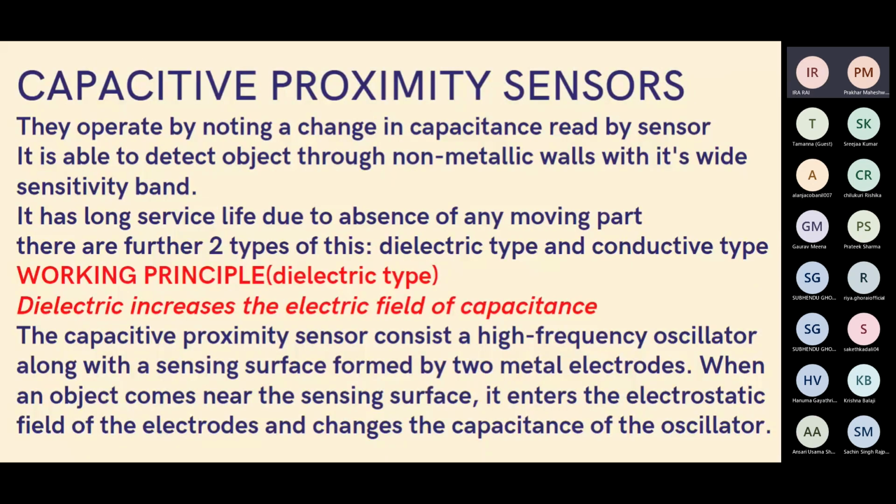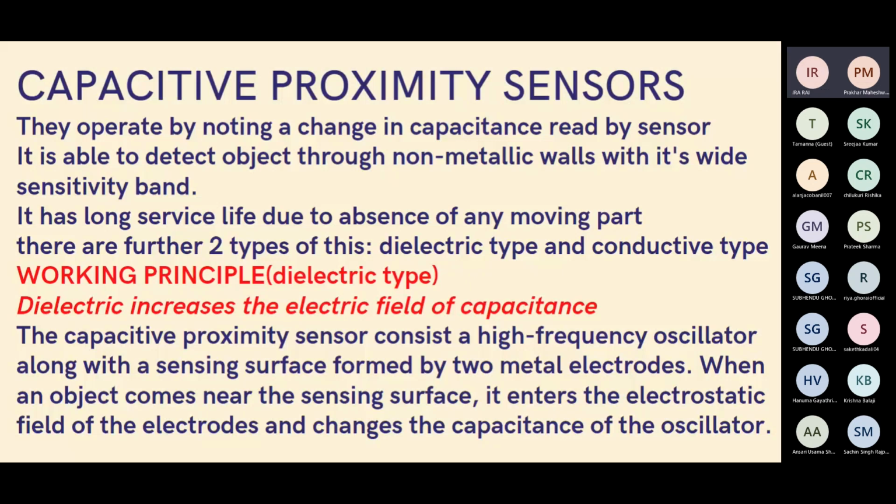So, capacitive proximity sensors. Every sensor notes some change, and in this case, some change in capacitance is read by the sensor. So it is able to detect objects through non-metallic walls with its wide sensitivity band. Like all the other sensors, this also has a long service life due to absence of any moving part or any physical touch.